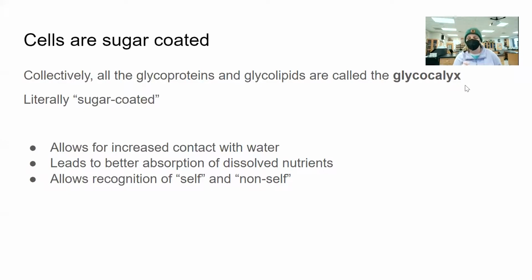So this is one of those examples of words that, if you break them into their component parts, it's easy to recognize and kind of understand what they mean, even if you don't know exactly. So glyco, we know, means sugar. Calyx means coated. And so then boom, sugar coated.